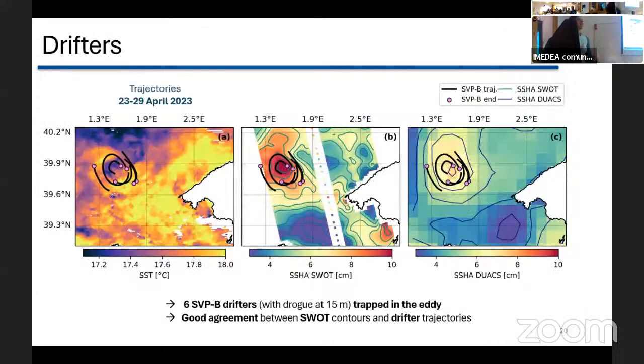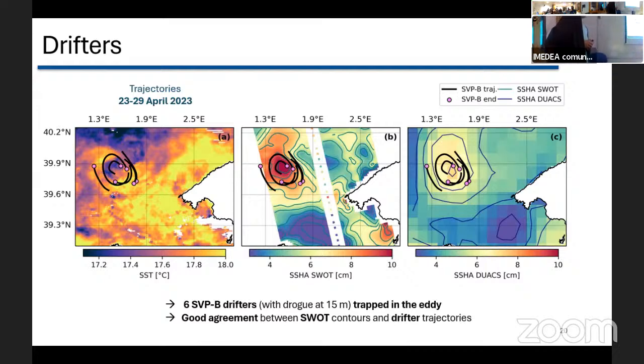So, starting to analyze the results a bit more. Before the experiment, we already had a drifter in that area that was trapped by the eddy. Here I show 6 SVP drifters, this one that was already there, and 5 that we deployed during leg 1, and you can clearly see how they were trapped in this anticyclonic eddy.